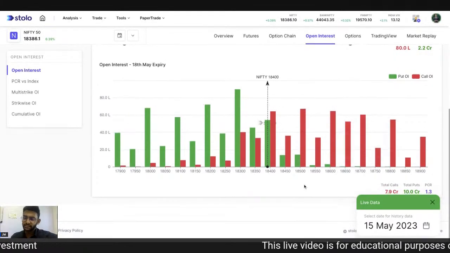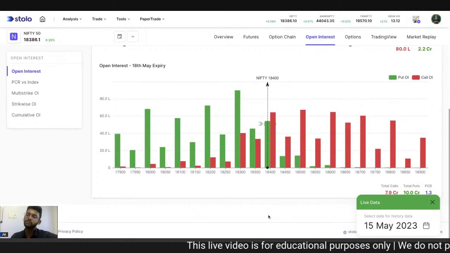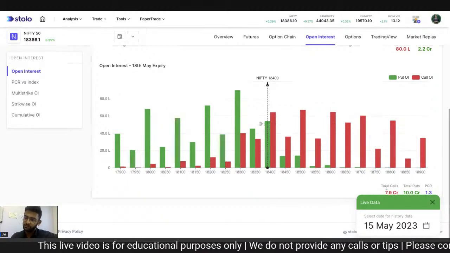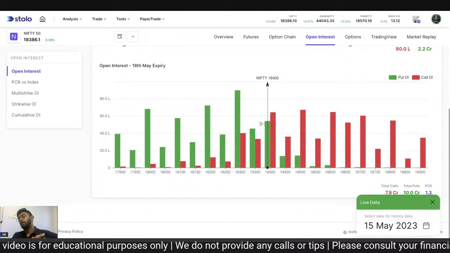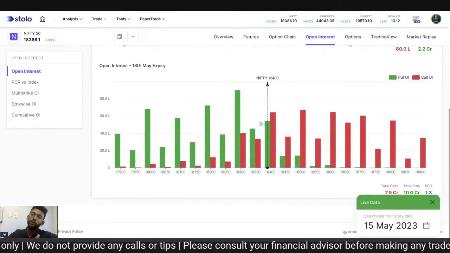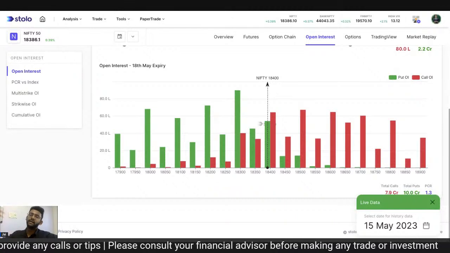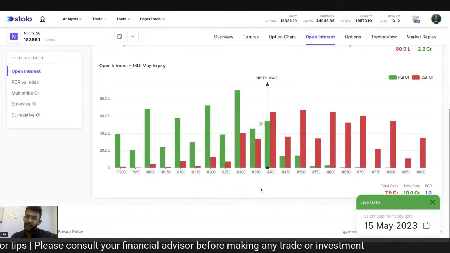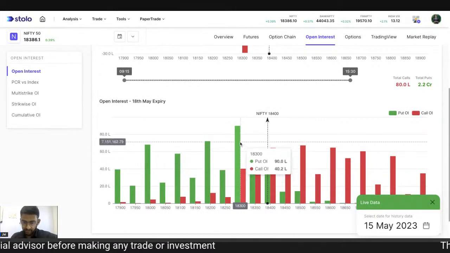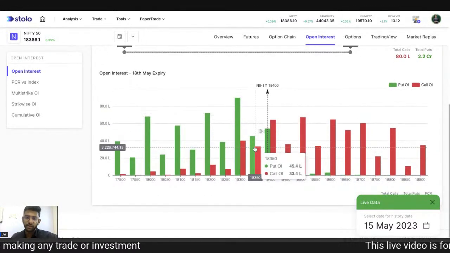The total puts are a little higher: around 10 crore puts to 7.9 crore calls. It is kind of close, but there are a lot more put sellers, telling that the market would be ending higher. The current closest level is 18,300, which acts as a very good support.